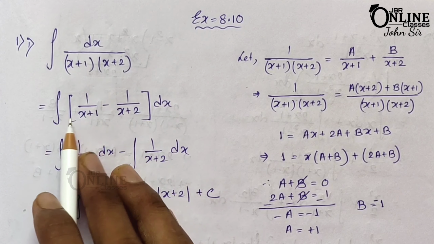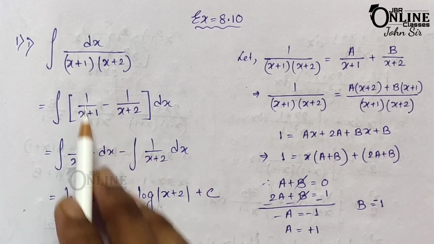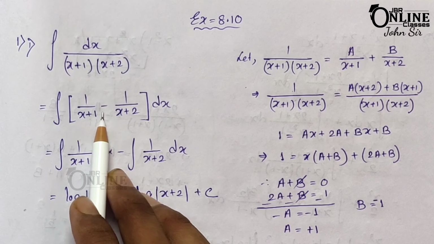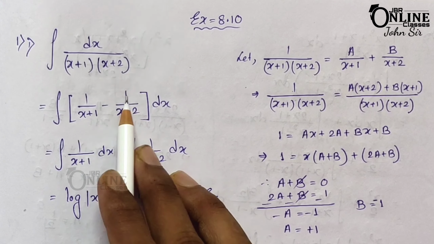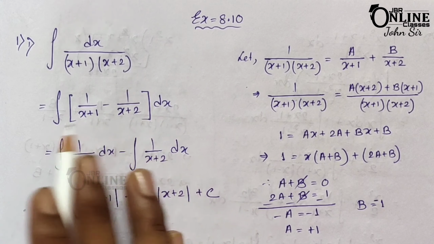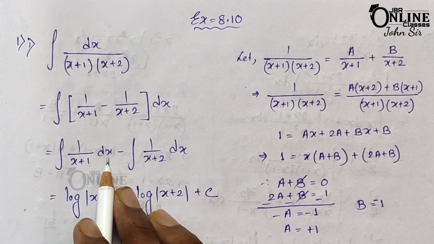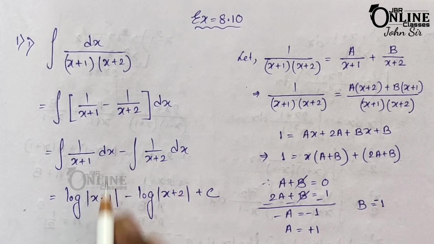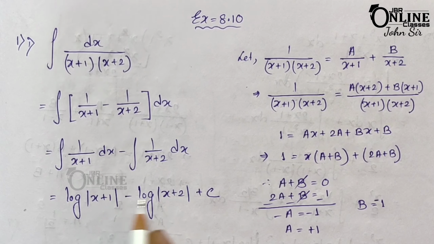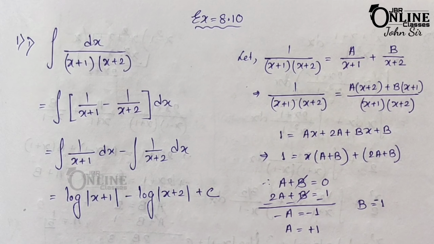So now you can write the integration as 1 by (x plus 1) minus 1 by (x plus 2) dx. Now separate the integration: integration 1 by (x plus 1) dx minus integration 1 by (x plus 2) dx, that equals log mod (x plus 1) minus log mod (x plus 2) plus c.